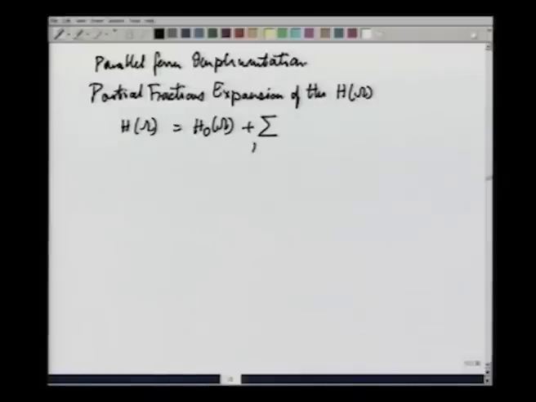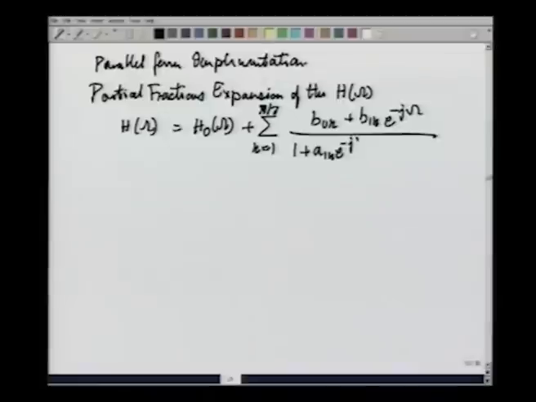summation k equals 1 to n by 2 of b0k plus b1k e to the minus j omega over the same second order factor containing real coefficients found in the denominator of the cascade form, namely 1 plus a1k e to the minus j omega plus a2k e to the minus 2j omega.